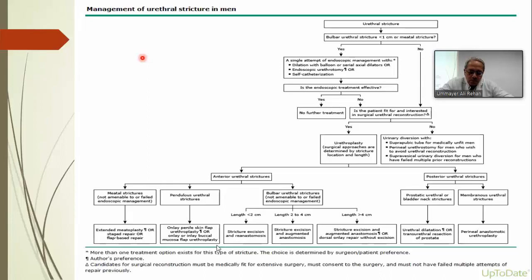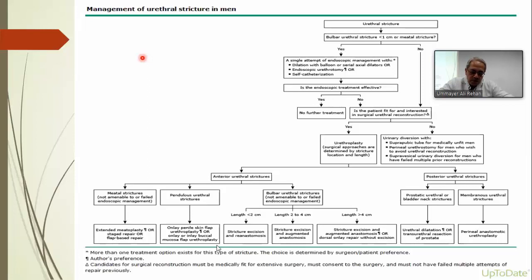To start with, it is my suggestion that we start with another presentation by Jamal himself, and that would be on urethral trauma. This is one of the causes of stricture urethra, that is trauma to the urethra.